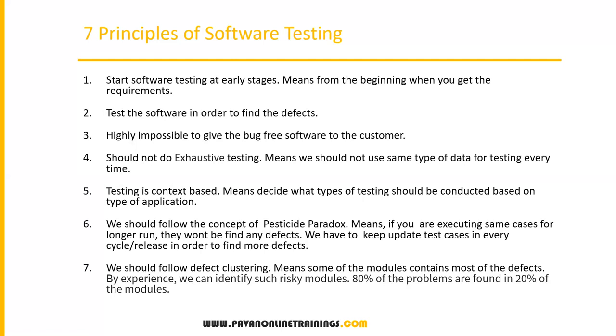And in the coming cycles or next releases, if you test the same functionality using the same kind of test cases every time, that is called pesticide paradox. We should not do that. If you are executing the same test cases for a longer run, they won't find any defects.